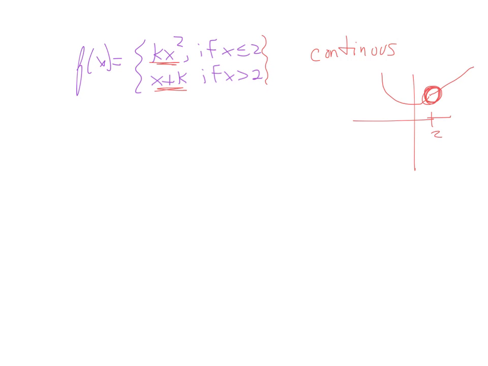So in other words, the y value has to be the same, or the function has to have the same value for both of these equations at x equals 2.